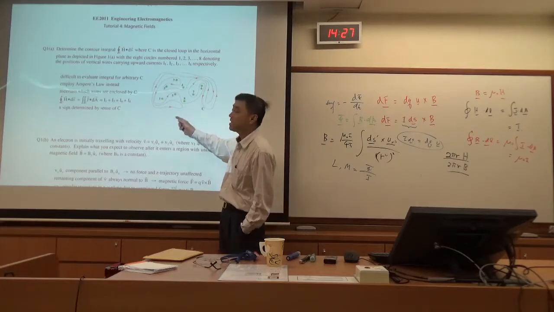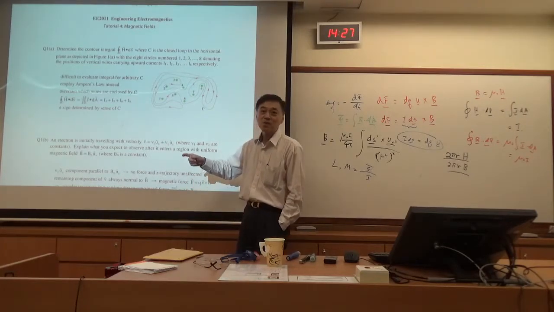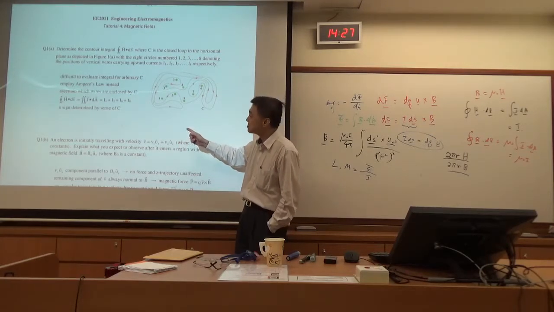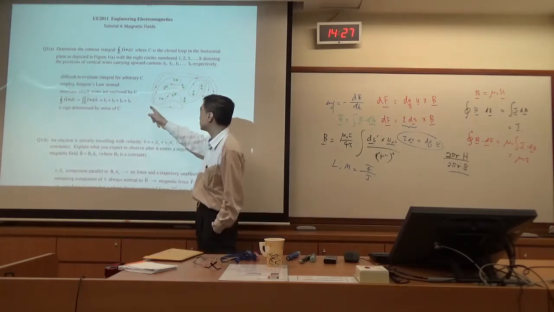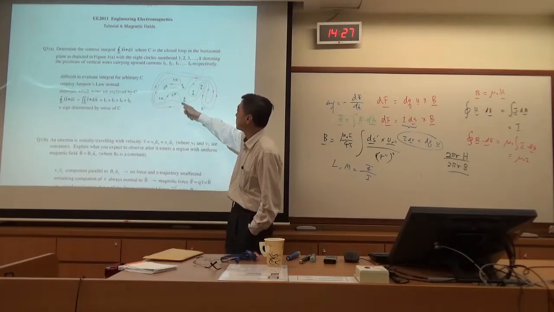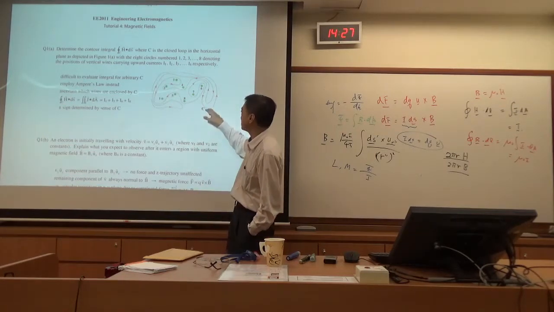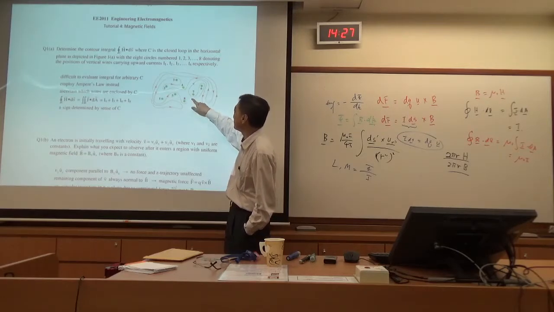So your eye must be sharp. Which are the currents inside the loop and which are outside the loop? 1, 3, 6, 8 are inside the loop. 2, 4, 5, 7 are outside the loop. You have to have a very sharp eye.